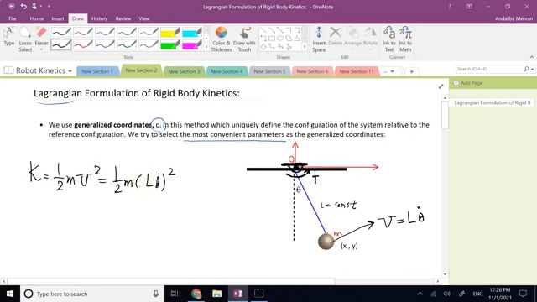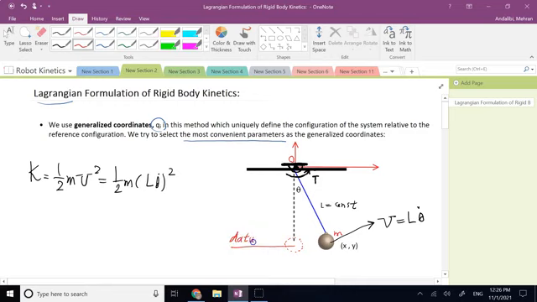Potential energy, you measure it from a datum, and in this case I'm going to consider the lowest point of the pendulum, the bottom, basically, you can call it. This point here is my datum of potential energy.